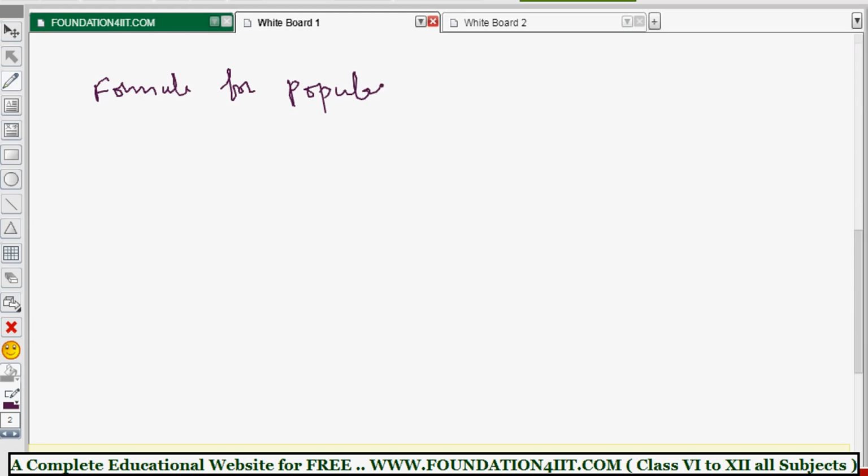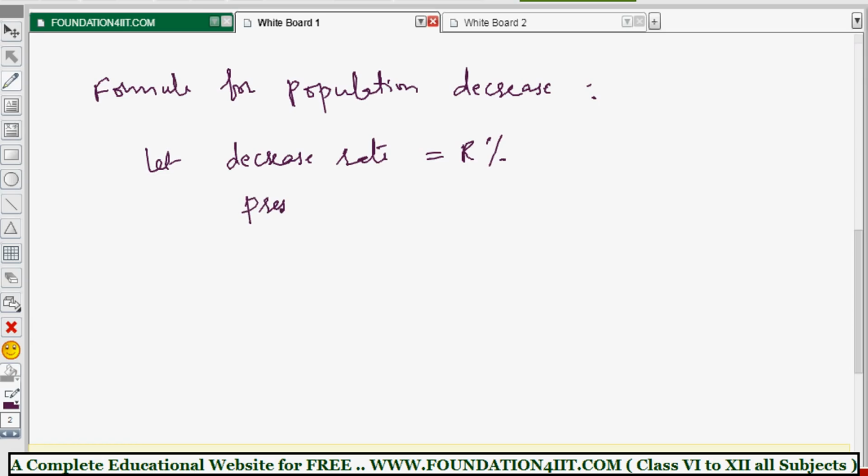When population is decreased due to any reason, and the decrease rate is r%, and similarly P is the present population. Okay, the present population with no change is P as it is.